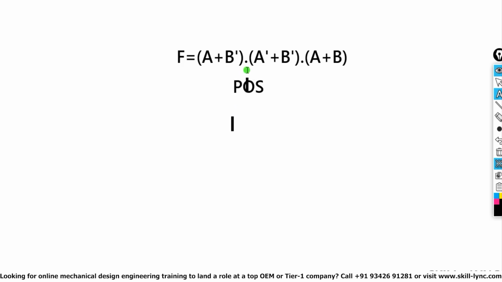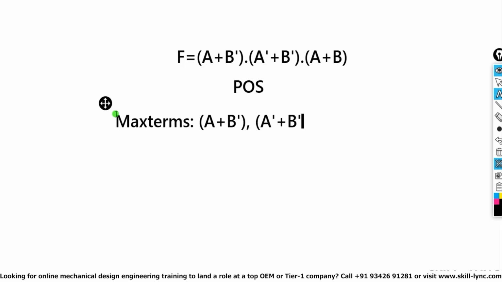If it were in the form AB bar plus A bar B bar plus AB, then it would be SOP. Now it is a product of sums, which is clear. The second thing is to find the maxterms here. The maxterms will be A plus B bar, A bar plus B bar, and A plus B. Now we have to write the values.